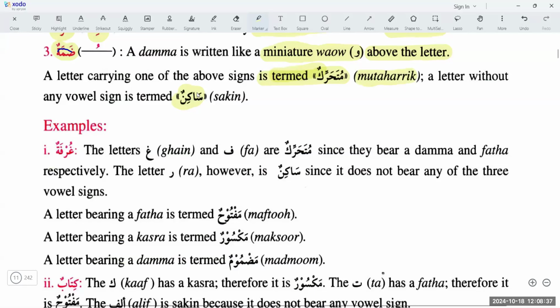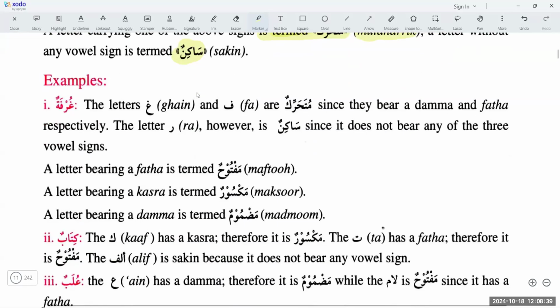Here are some examples. Ghurfatun. In ghurfatun, the letters ghain and fa are mutaharrik, since they bear a dhamma and a fatha respectively. Ghain bears a dhamma and fa bears a fatha.